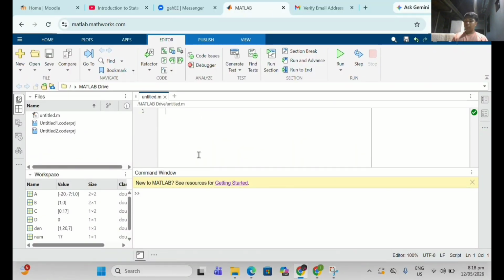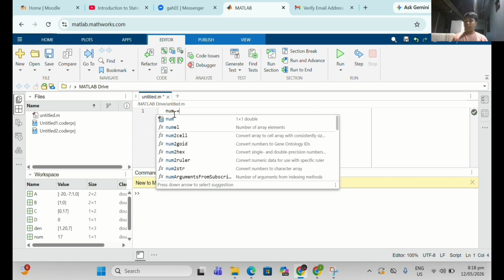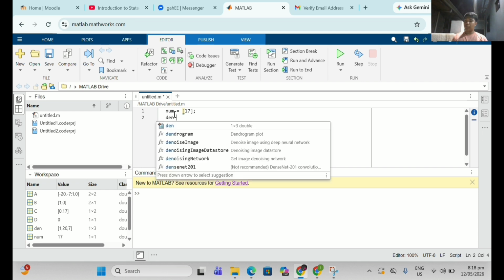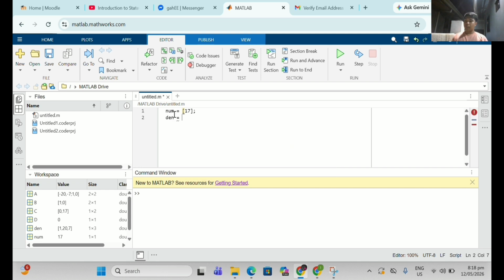Let's code our given example. So let's type num for numerator. Num is equal to, then bracket 17, semicolon, then den for denominator is equal to 1 space 20 space 7 semicolon.